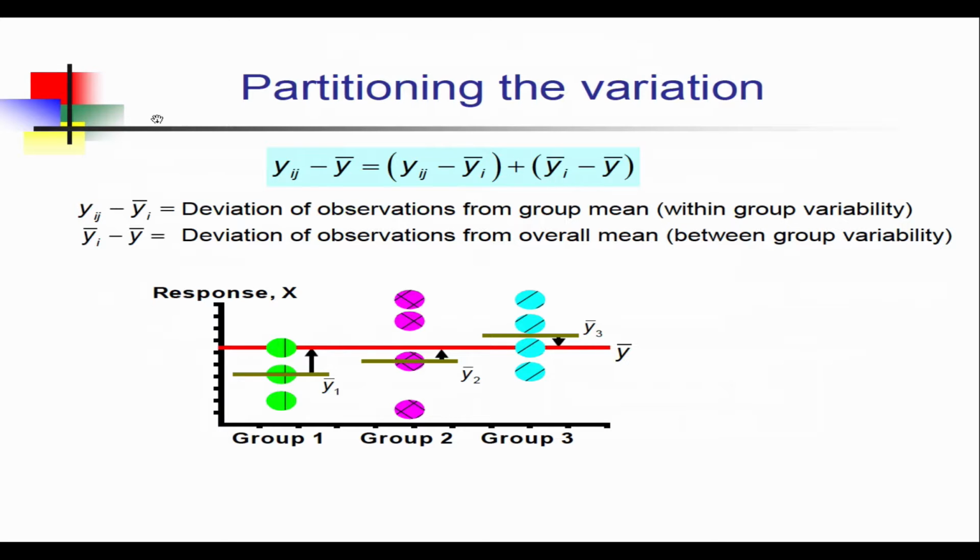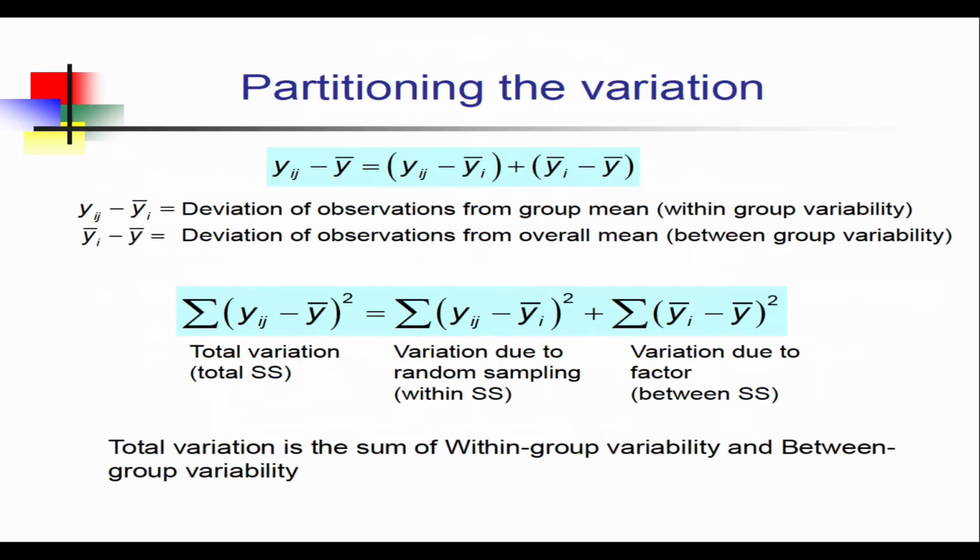Okay, then continue from this equation. If we square both sides and then sum over all the observations across those k groups, we get this equation.